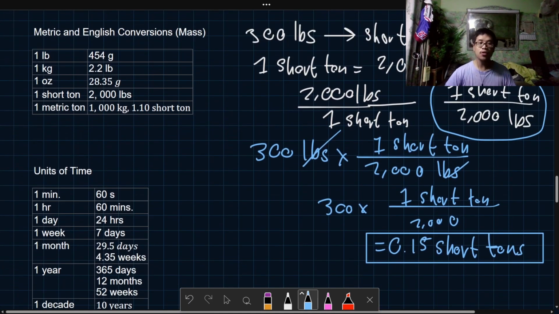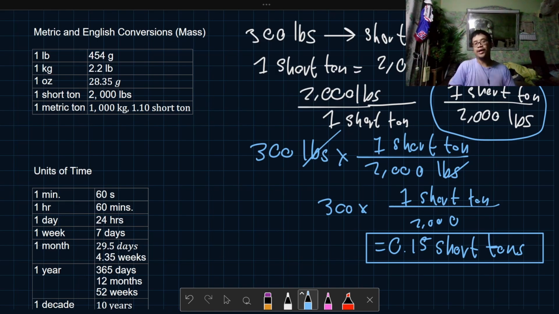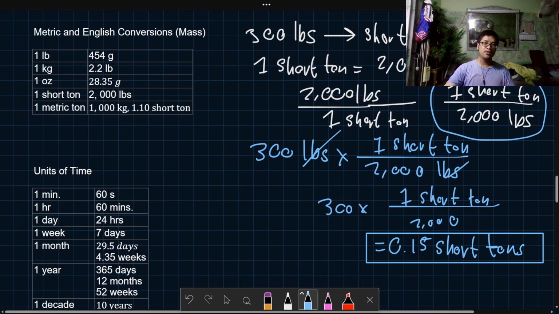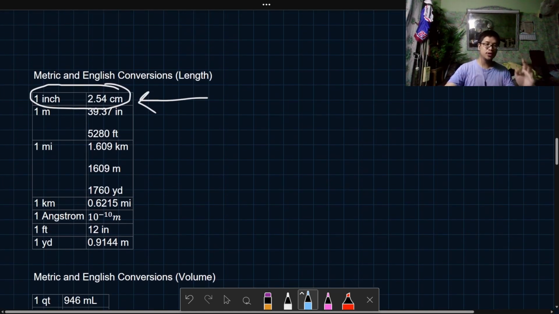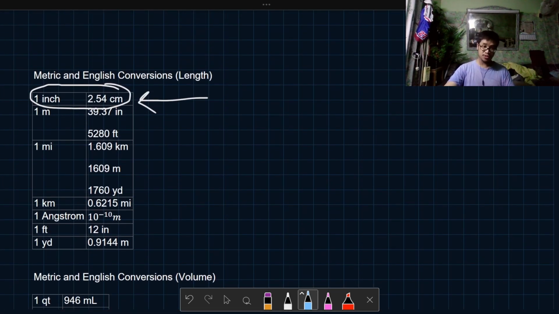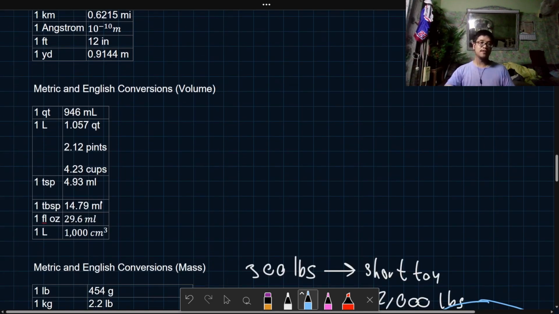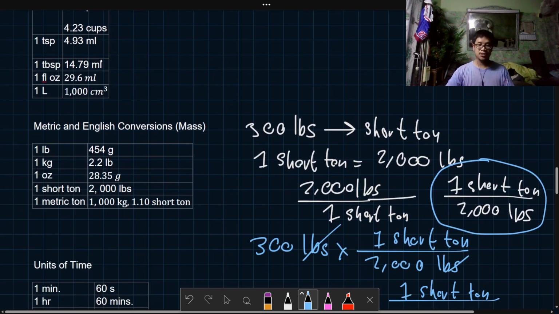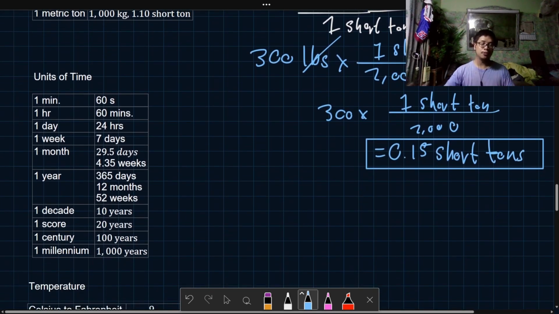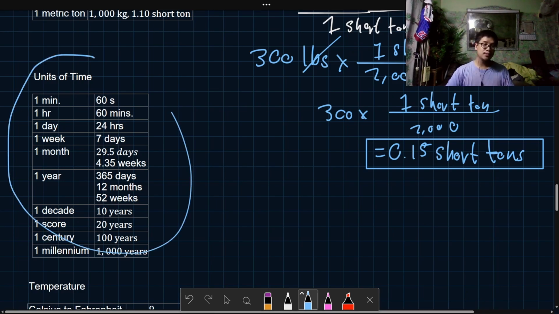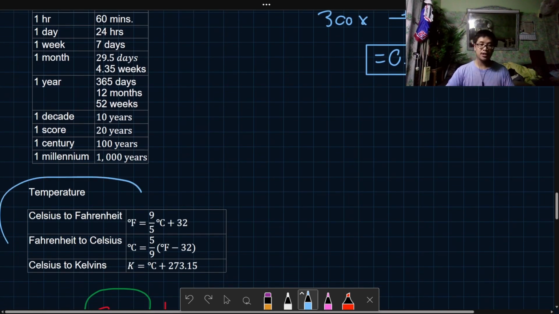Don't worry, we will have a practice video for these. But for now, we need to be familiar with how to convert units. So right now, you know at least the idea of how to do metric and English unit conversions in terms of length, volume, and mass. In the next video, before we have a practice video, we're going to talk about other conversions, such as the conversion of a given unit of time and temperature.